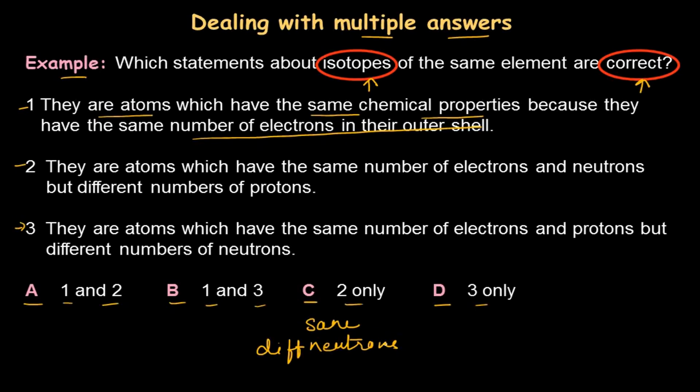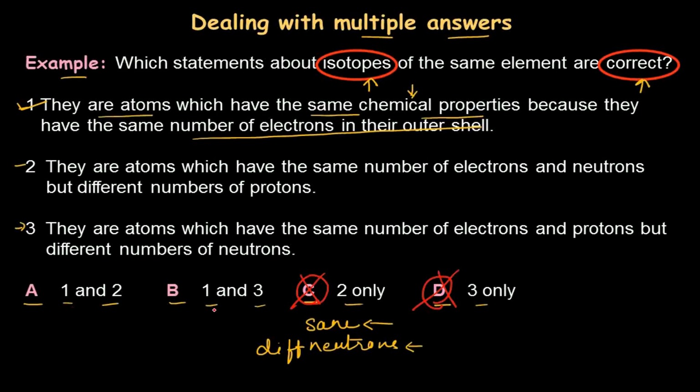As we have already seen, other than neutrons everything else is the same, so the electrons are also the same, and obviously the chemical properties are also the same. So statement 1 is correct. From this, if options C and D don't have statement 1, they get eliminated.